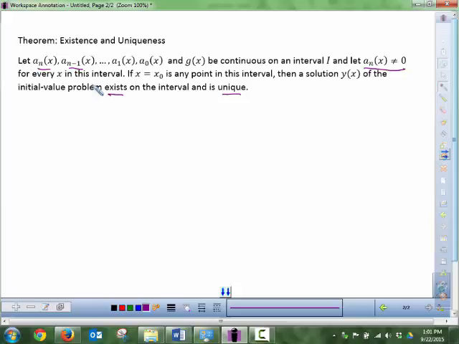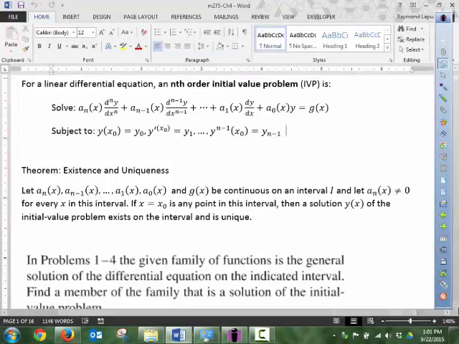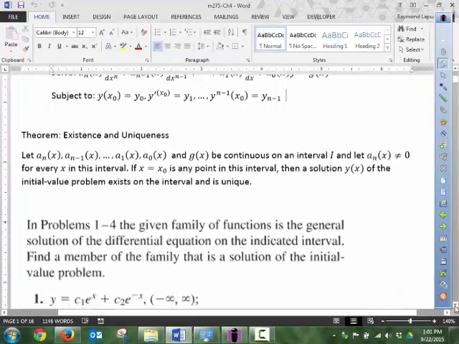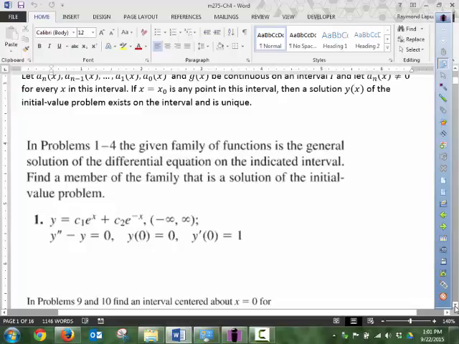So let's see, I don't know what the example problems are here. Find a member of the family as solution and initial condition.